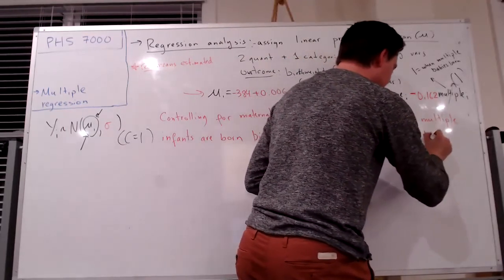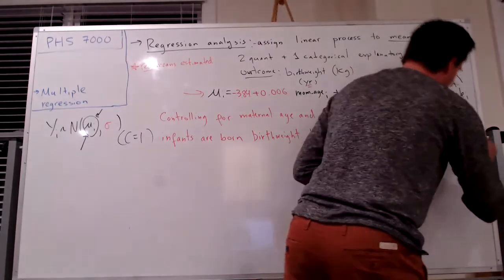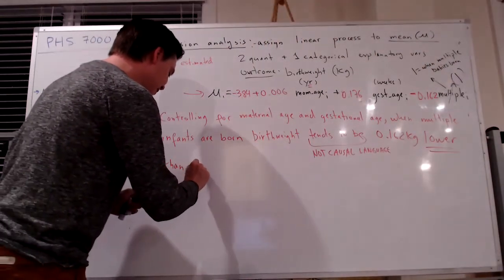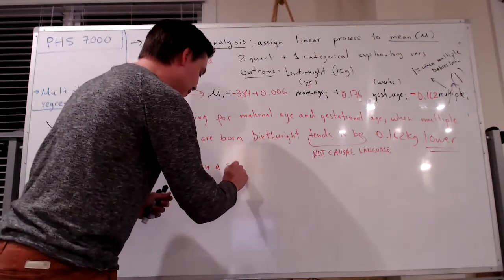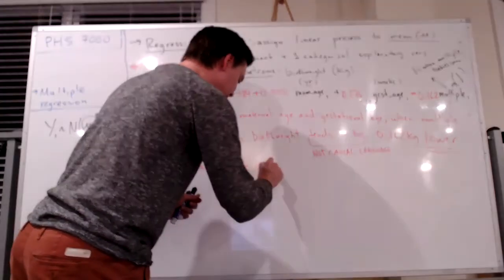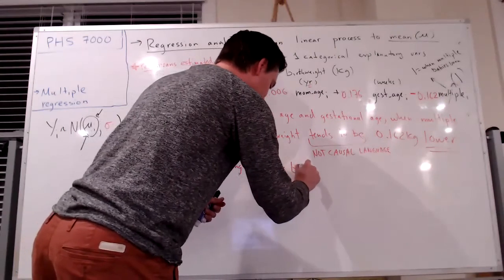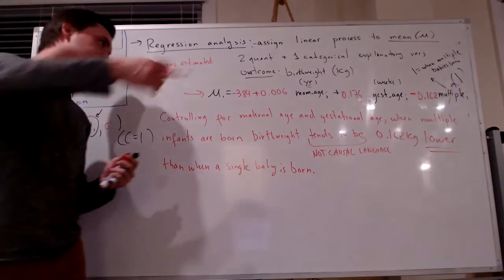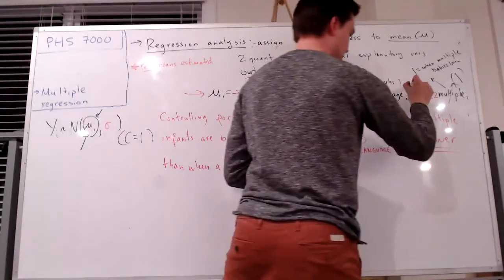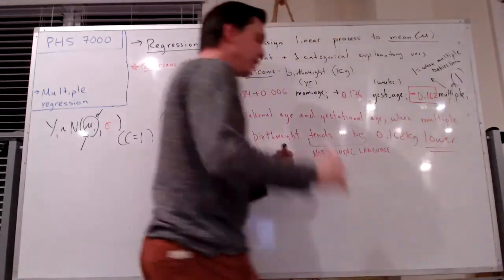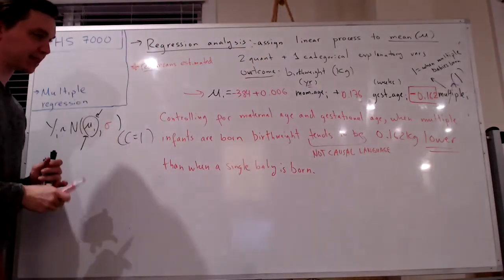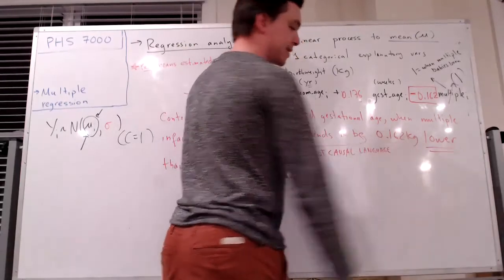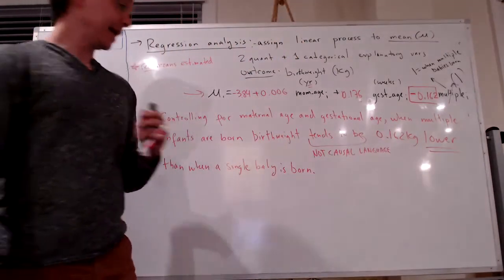0.162 kilograms lower than when a single baby is born. Adjusted for maternal age and gestational age. When we get multiple infants born in the same event, the birth weights tend to be 0.16 kilograms lower.